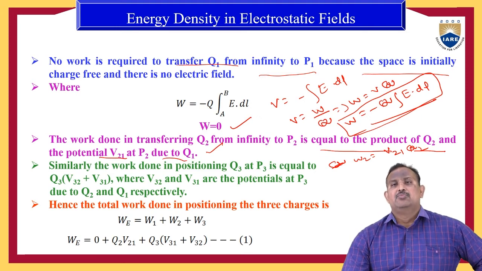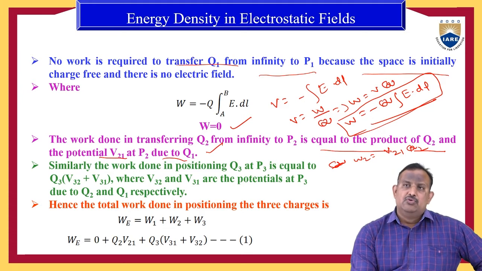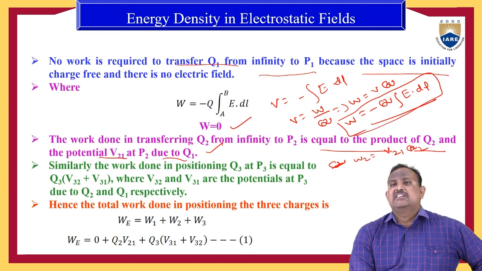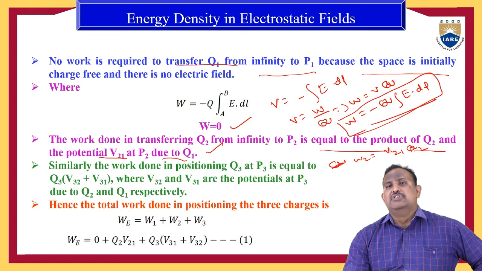Similarly, we need to move the point charge Q3 from infinity to point P3. We need to do some work in moving point charge Q3 from infinity to point P3 in space. Already point charge Q1 is there and point charge Q2 is there.